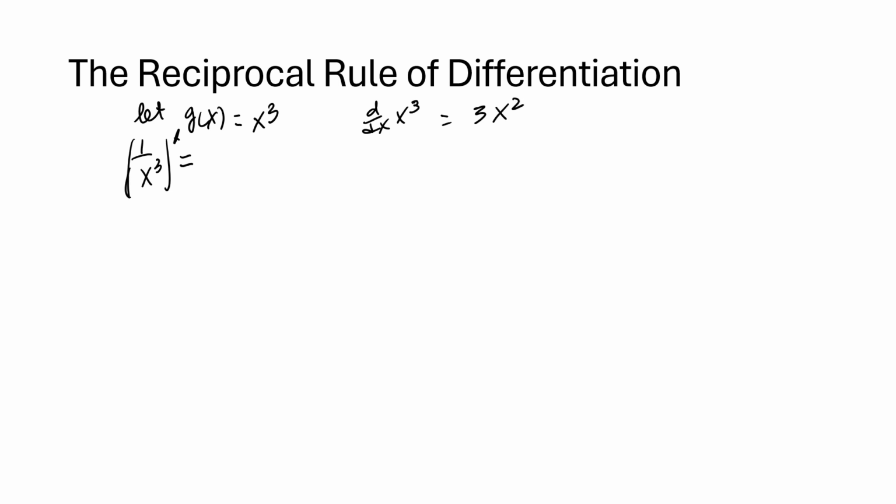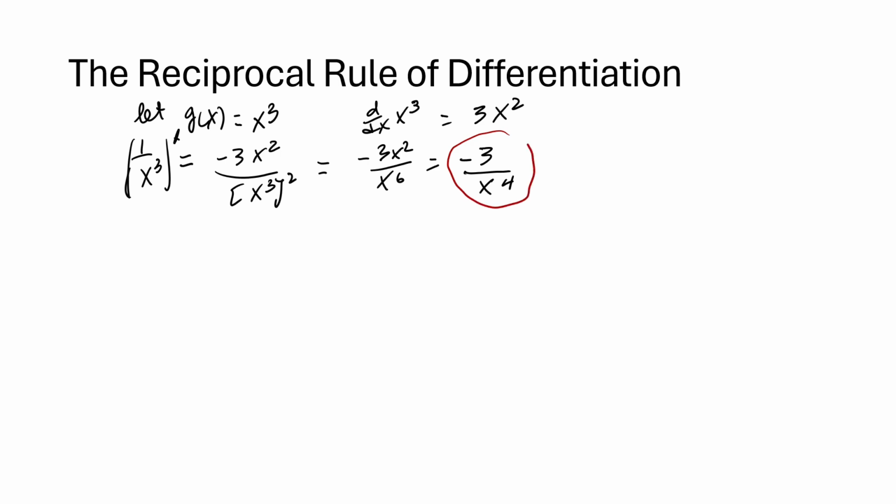We have to have a minus sign because the theorem tells us we get minus 3x squared in the numerator, and then x cubed squared in the denominator. So it's going to be minus 3x squared over x to the sixth, which is minus 3 divided by x to the fourth. So that's our answer for that derivative.